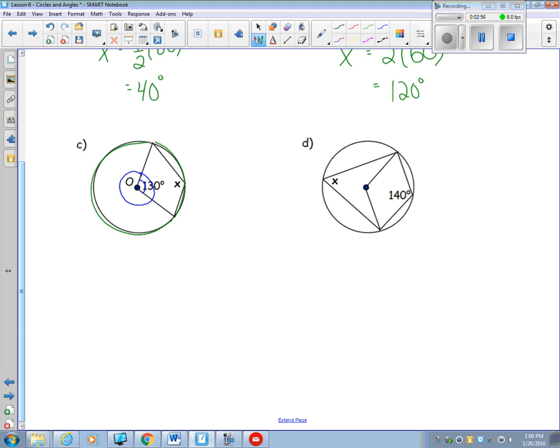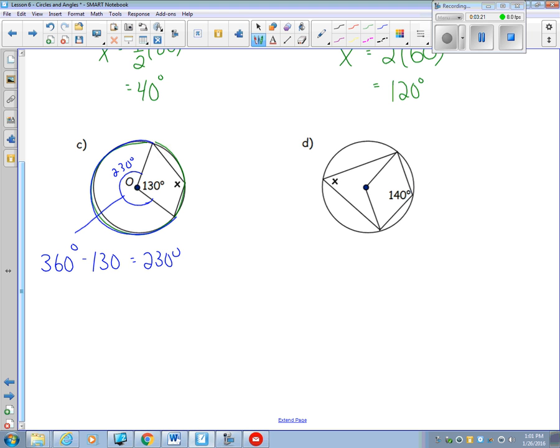I can figure out the other side of the circle by taking the idea that a circle adds up to 360 degrees. If I subtract the 130, I'm left with 230 degrees, which tells me that the angle on the left-hand side here is 230. Kind of handy, because that is inscribed on that arc, right?